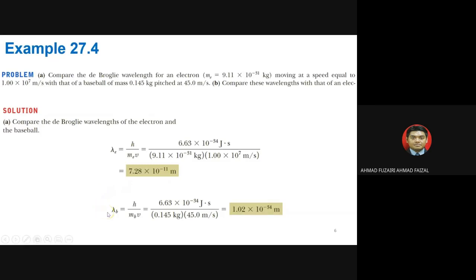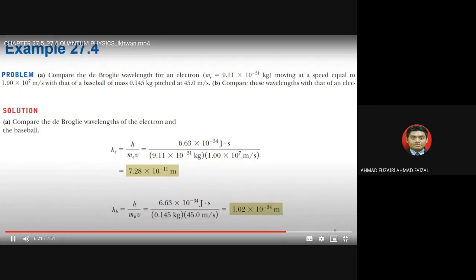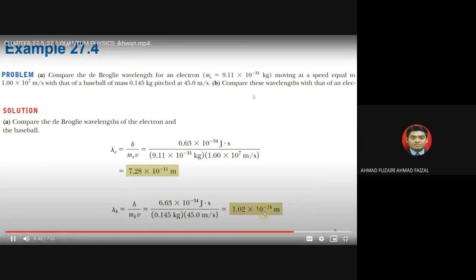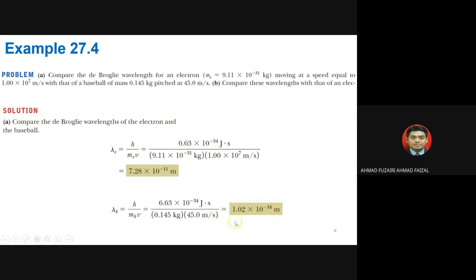We insert the value for the baseball into the equation, and then we get the wavelength, which is 1.02 times 10 to the power of negative 34 meters. Okay, if we compare here, the baseball has a much lower wavelength compared to the electron.